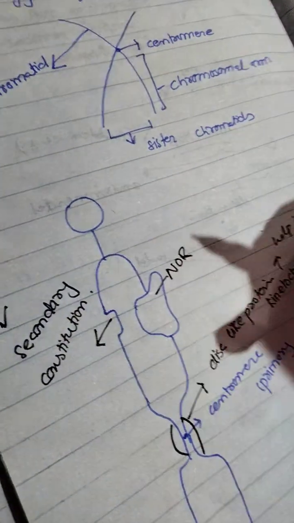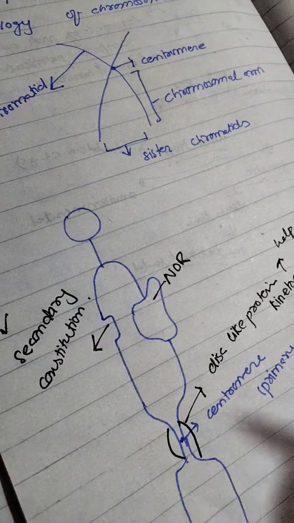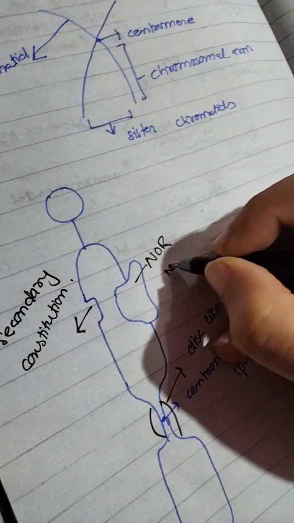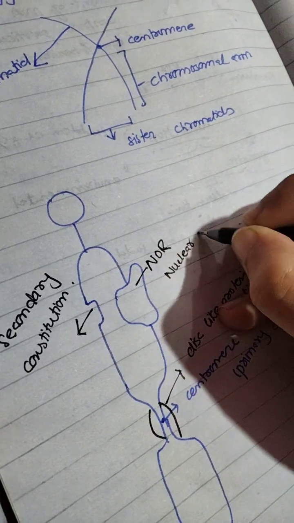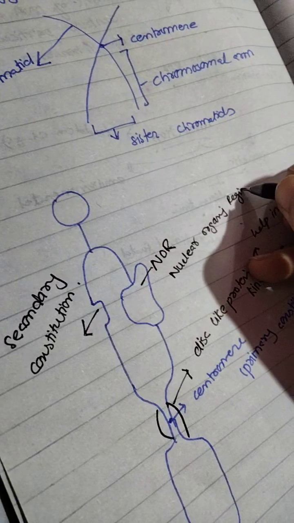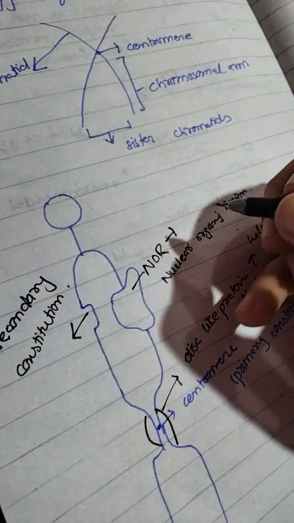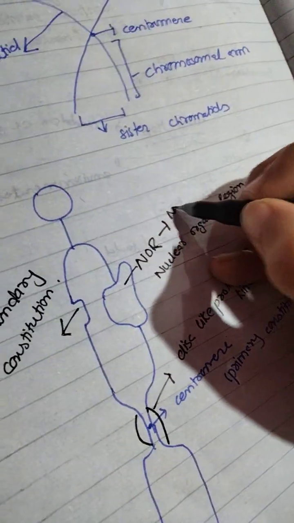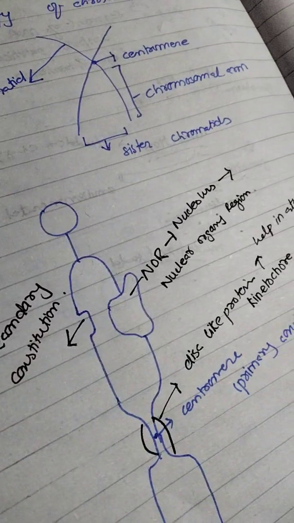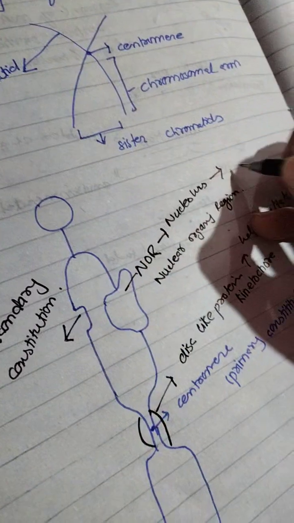NOR, nucleolar organizing region. Basically it helps us to make the nucleolus. And nucleolus is basically responsible to create ribosomes.